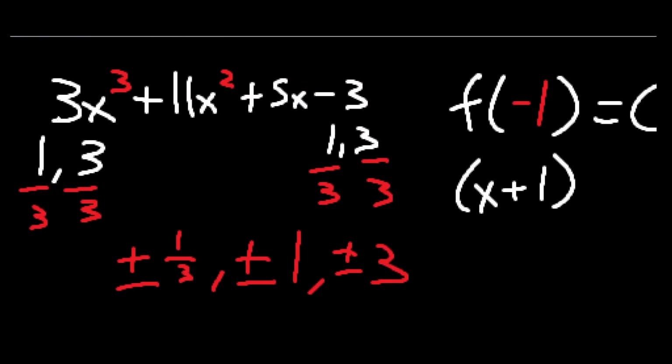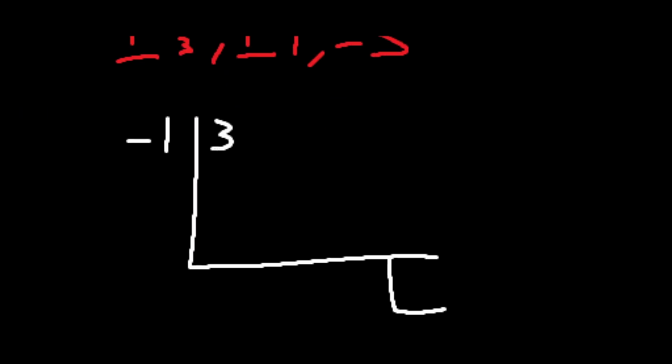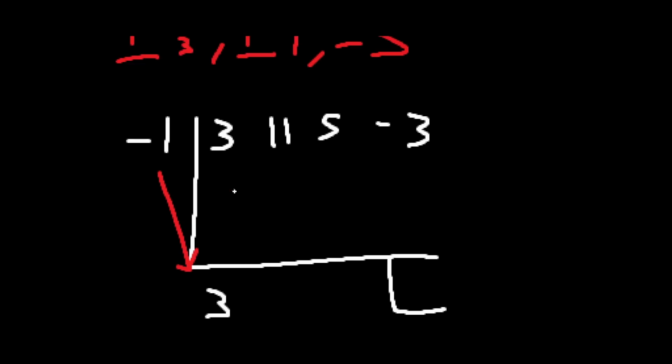Our coefficients, and we're gonna do normal synthetic division stuff. That's our remainder. So we have coefficients 3, 11, 5, -3. We drop this 3 down, and -1 times 3 gives us -3, and we bring it up here.